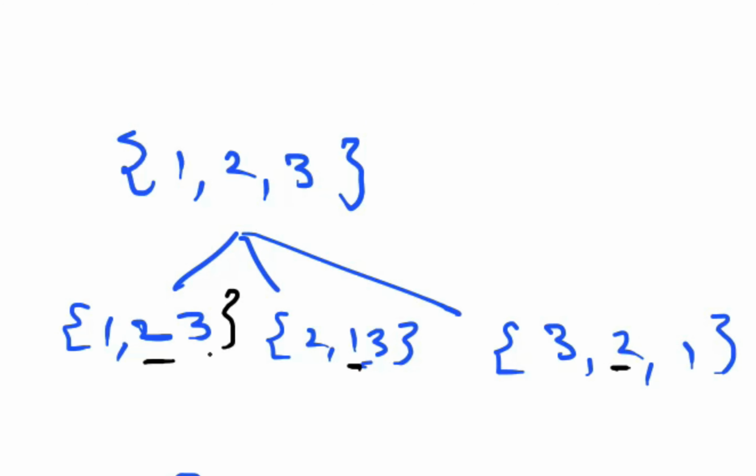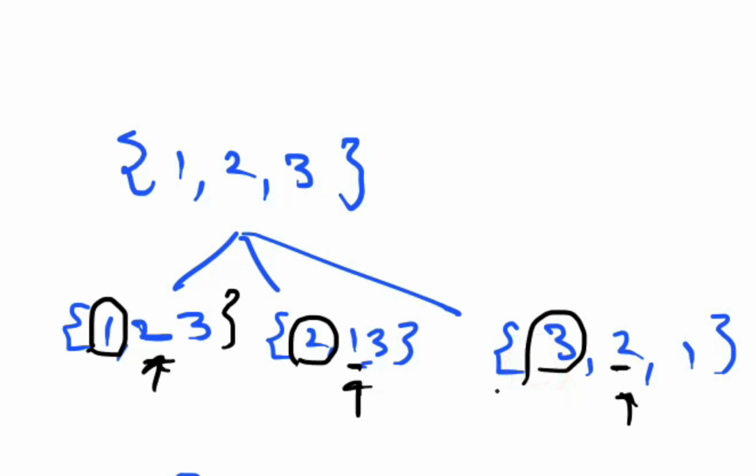So in all the three cases we will be calling with position equal to position plus 1, which is 1, but the array will be different in all the three cases. In the first case 1 is fixed at the first position, in the second case 2 is fixed at the first position, and in the third case 3 is fixed at the first position.